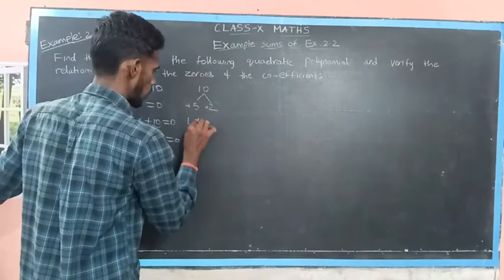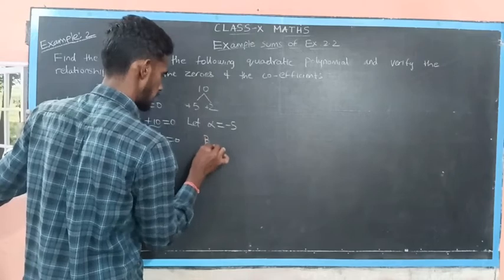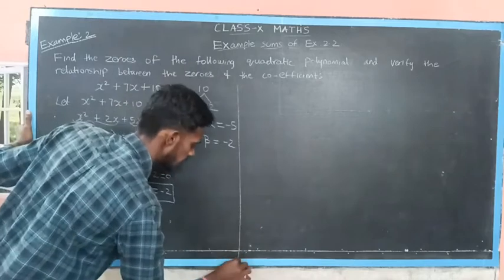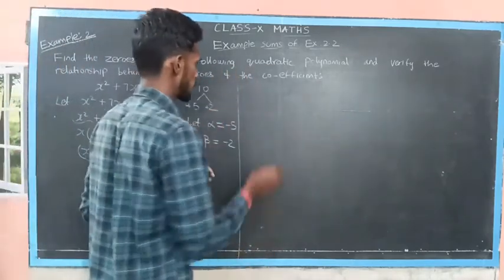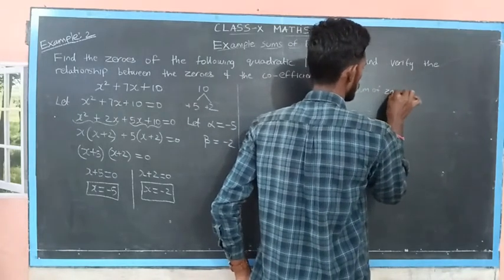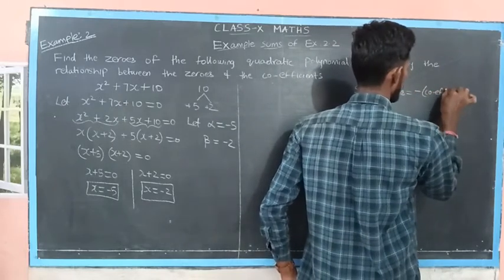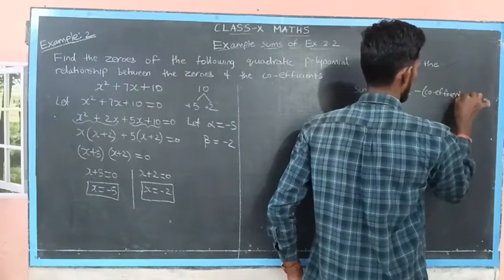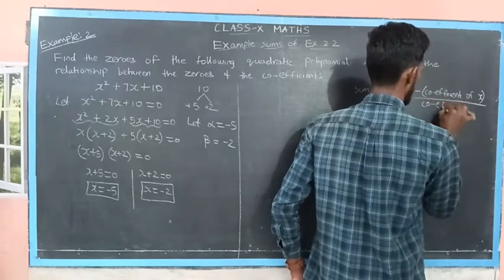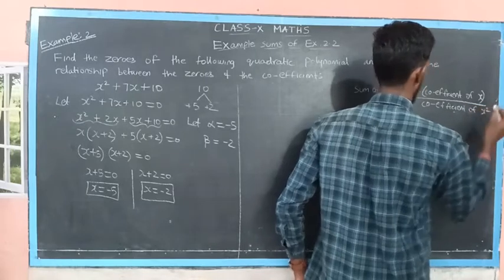Let me substitute one zero to be alpha. Alpha is equal to minus 5 and the other zero beta is equal to minus 2. Then we are going to verify the relationship between the zeros and the coefficients. The relationship is that the sum of zeros is equal to minus the coefficient of x divided by the coefficient of x square.